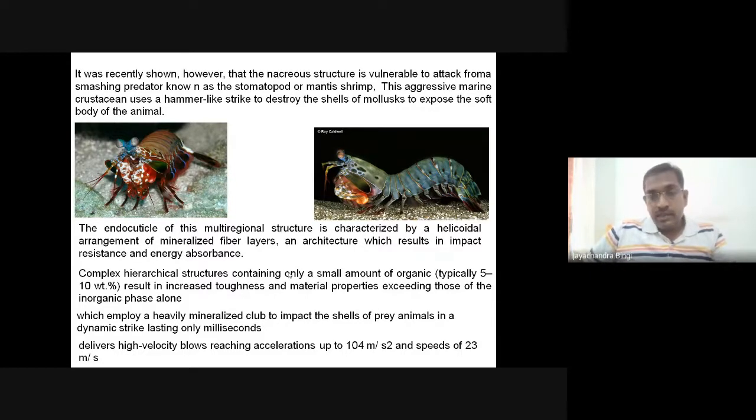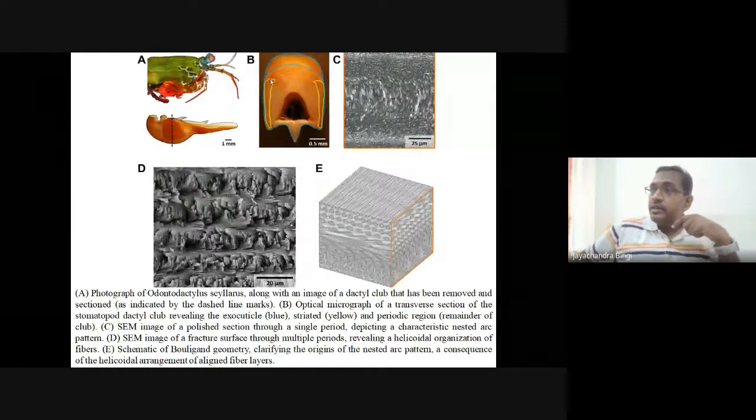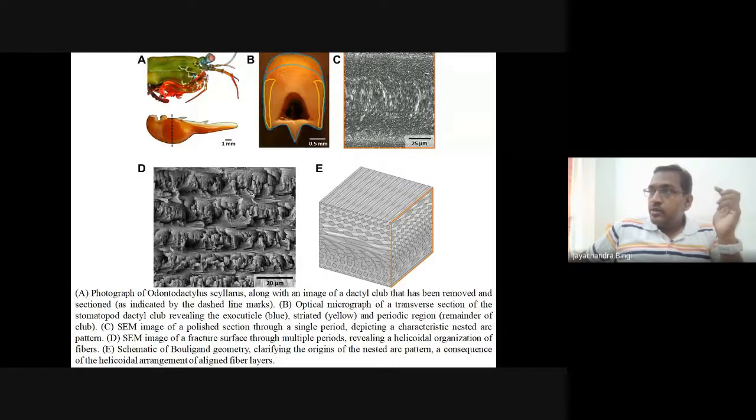But here, what is the important thing we must consider? You just have a look at it. Maybe I will consider this as a hand, because it is a punching hand. If you just see the cross-sectional structure, it is a hierarchical construction, no doubt about it.